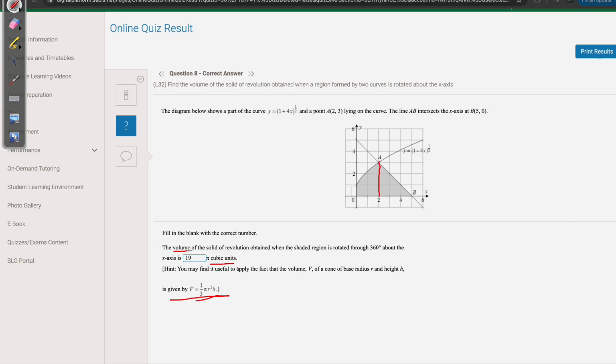Because first of all, I know we can find the line easily by doing the slope, but it does not seem as simple as that. That's all I'm going to say.